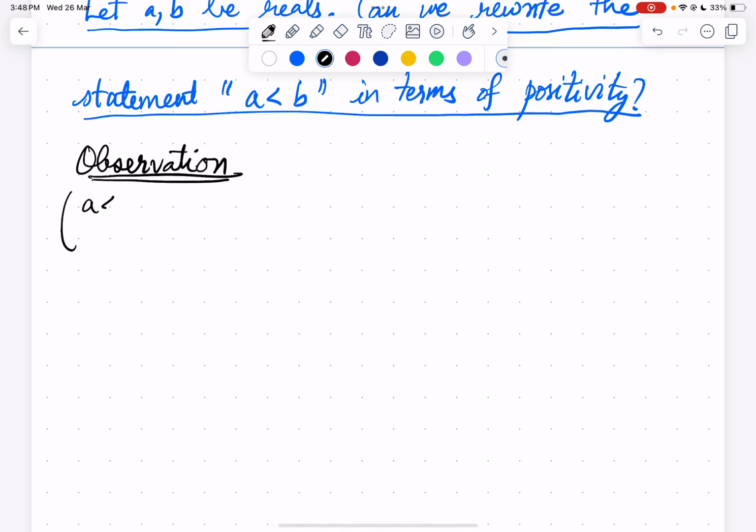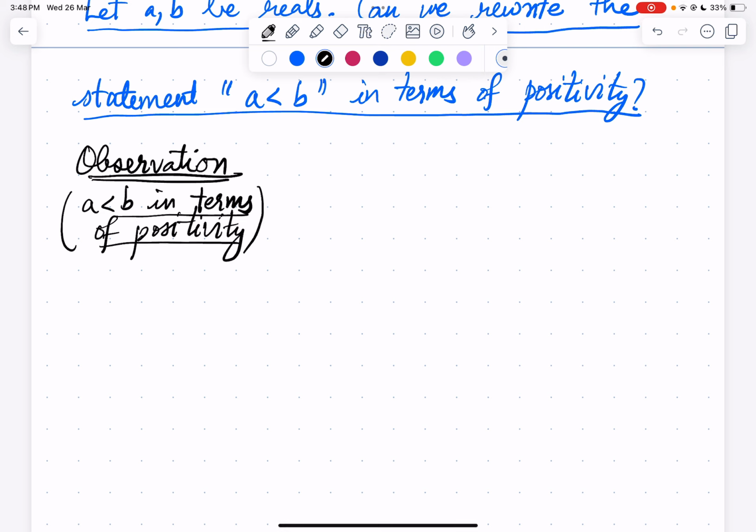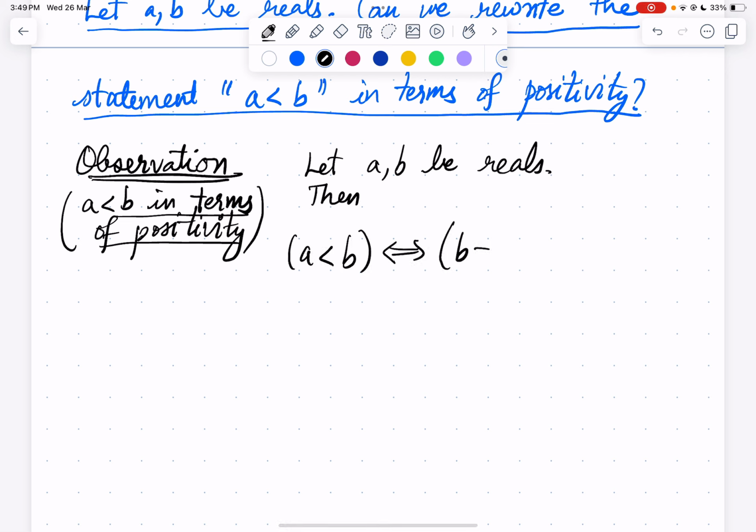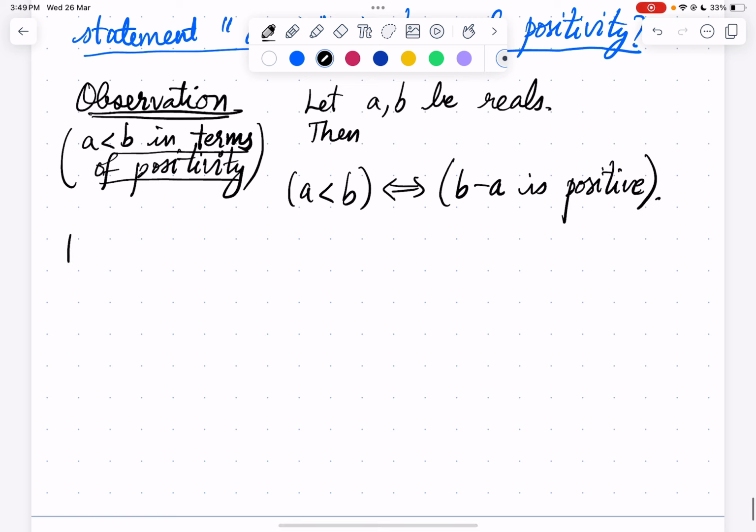This is just A less than B in terms of positivity. Let A, B be reals. Then saying A less than B is same as saying the number B minus A is positive. So we'll prove this. We'll first prove that A less than B implies B minus A is positive.